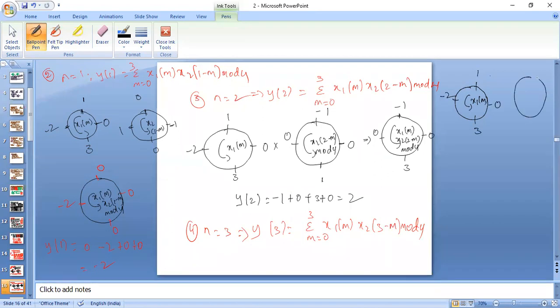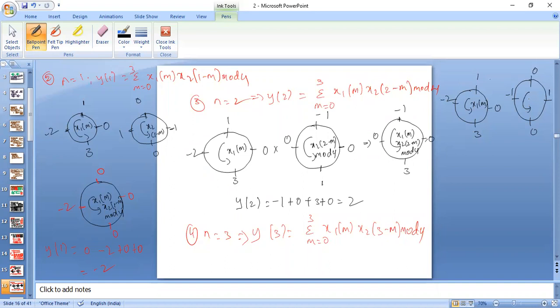And then we can shift x2 of minus m by 3 units, or shift x2 of 2 minus m by 1 unit of time, either is enough. So it might be 0 minus 1, 0, 1. This is x2 of 3 minus m. Okay. x1 of m into x2 of 3 minus m: 1 minus 2 minus 1 plus 2. 3 zeros are 0. 0 into 1 is 0.